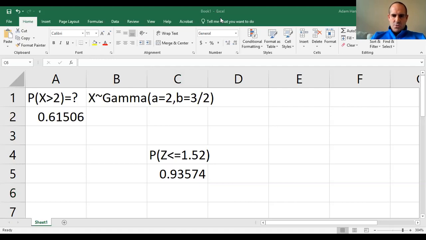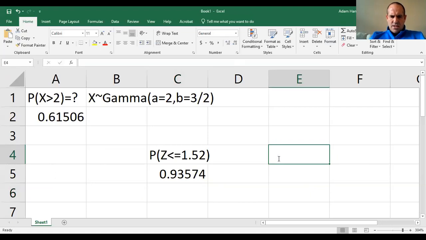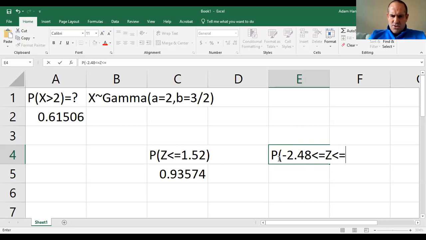Going back here, what else do we have? What's the probability that Z is trapped between negative 2.48 and 1.52? Well, that's not really all that different. Now I want the probability that negative 2.48 is less than or equal to Z, and it's not really important that it's less than or equal to, less than or equal to 1.52.